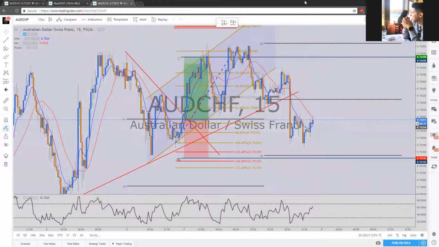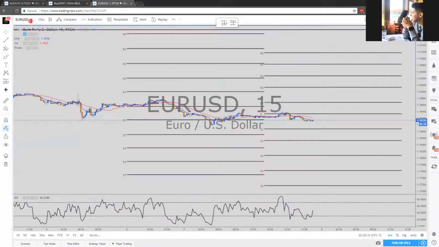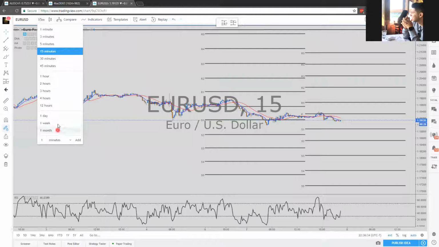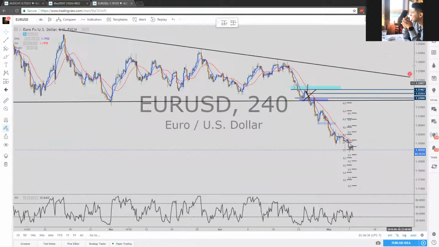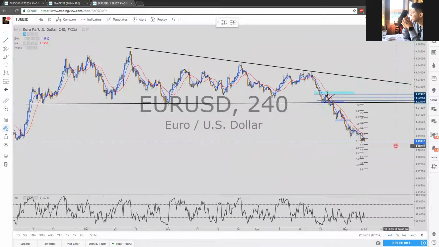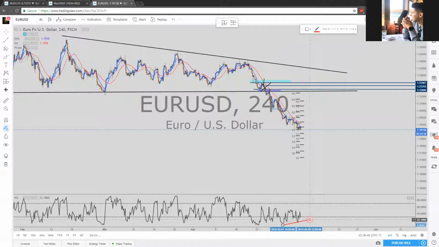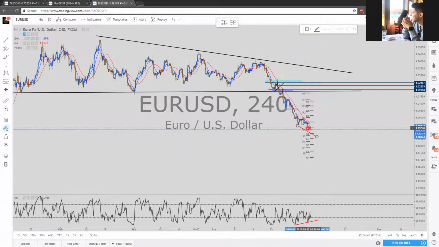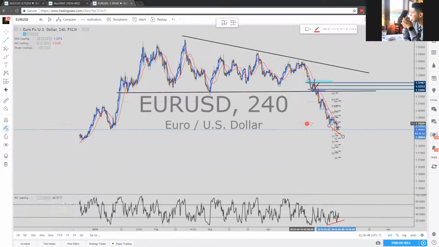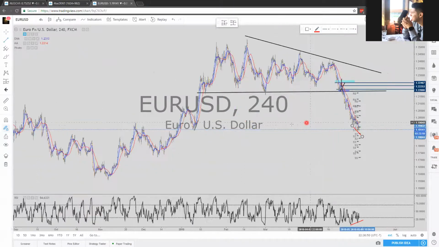So let's go on to the Euro USD. Check out what's going on here. So overall with Euro USD, I can see that price is getting weaker. So it's showing that price dropped really low.